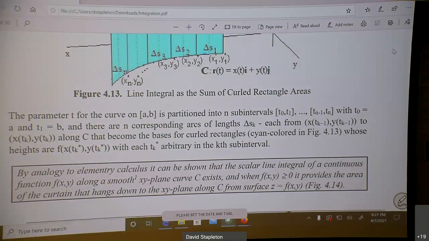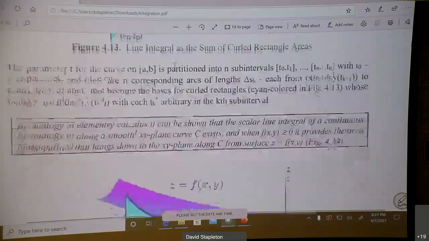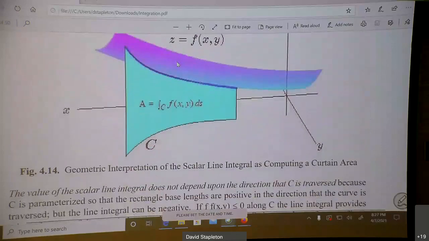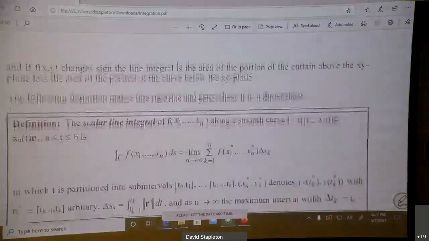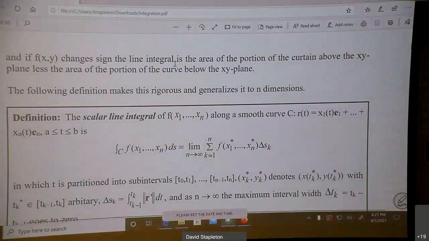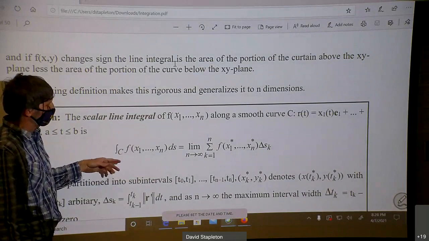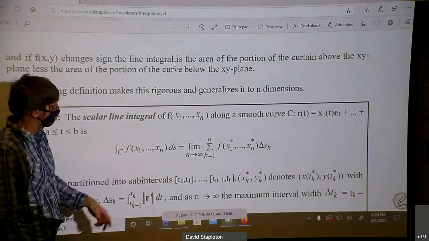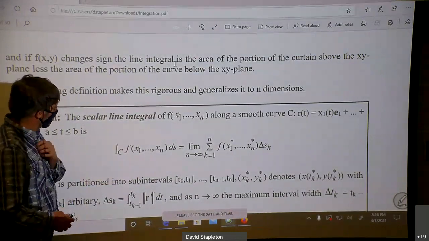I'll try and write something on the board too. This is what you get then: the scalar line integral, which we give this notation. In calculus 1, you say the integral from A to B of f of x dx is a function of one variable.